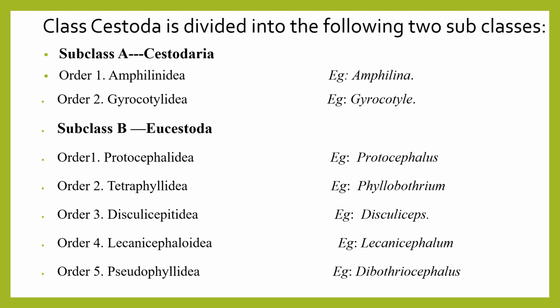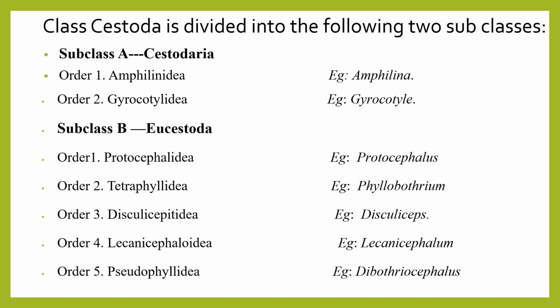The class Cestoda is divided into two subclasses as we have seen in the previous slide. The subclass Cestodaria comprises two orders. Order 1 Amphilinidea, example Amphilina. Order 2 Gyrocotylidea, example Gyrocotyle. And the subclass Eucestoda comprises order 1 Proteocephalidea, example Proteocephalus. Order 2 Tetraphyllidea, example Phyllobothrium.